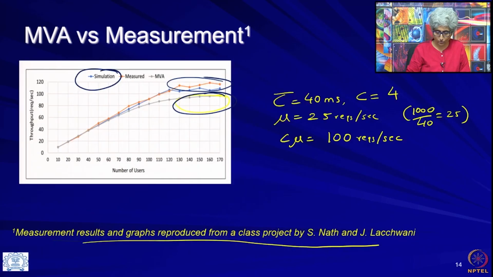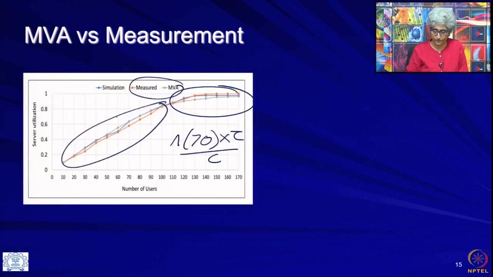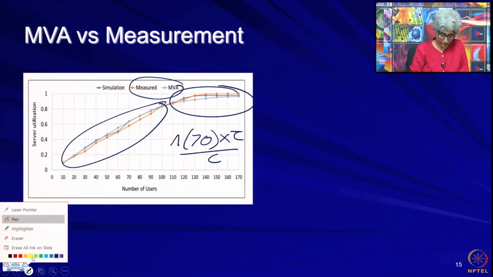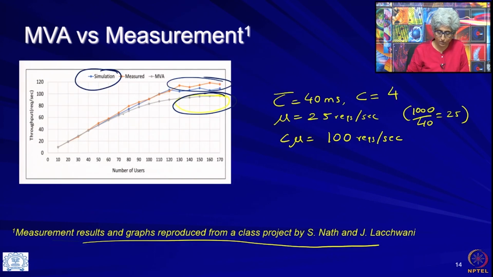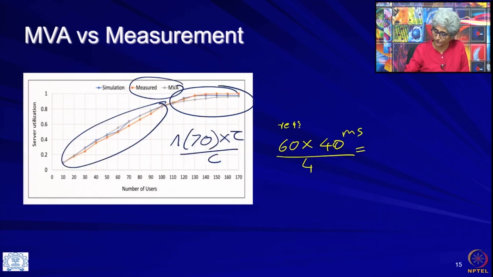Let us look at throughput at 70, it is around 60 something. So, 60 requests per second multiplied by tau, which is 40 milliseconds, divided by C. So, this is in milliseconds, and this is requests per second, so we should divide this by 1000.